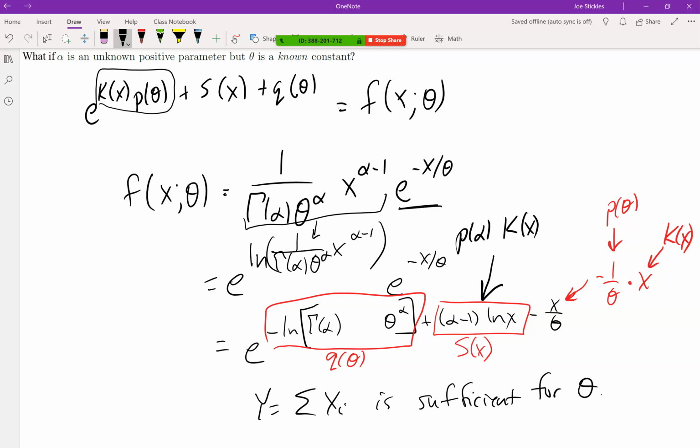If I were worrying about the alpha rather than the theta, that would be the part where it's factored apart. So then your sufficient statistic there would be your sum of your log of x of i, because it's the log of x that I see as my function.